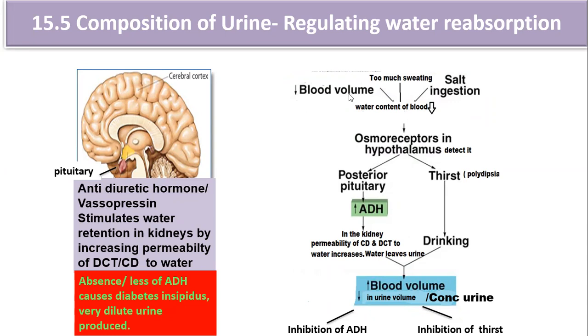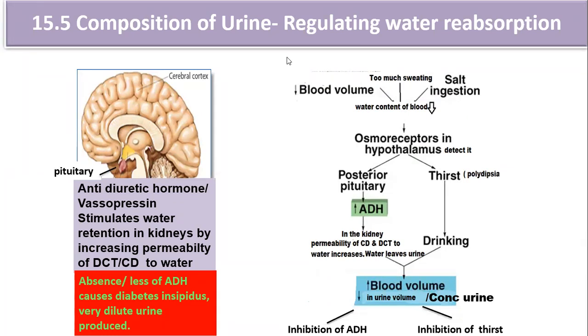What are the conditions we have discussed? A decrease in blood volume, which can be the result of excess sweating or dehydration, even in case of hemorrhage, that is bleeding, or even in the summer season, your body tends to get dehydrated.